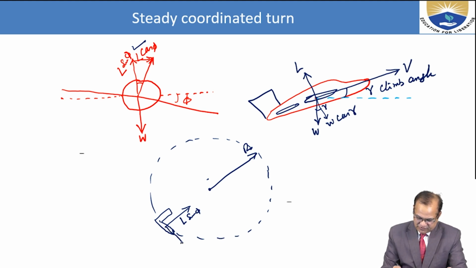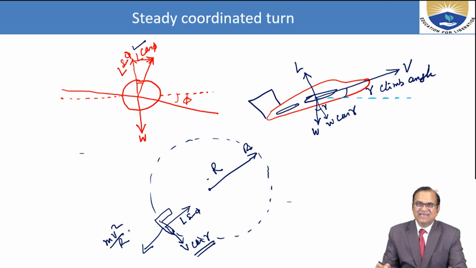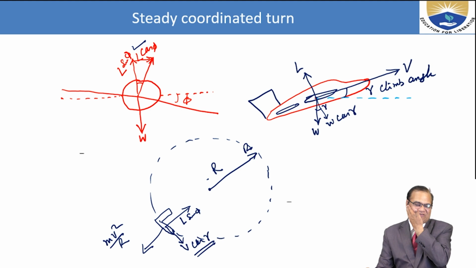And here this is V cos gamma, the velocity in this direction, and this is your radius. This has to be balanced by mv square by r, the centripetal force, which balances this action. This we are going to discuss. Previously we have discussed this. Now we will see the next.